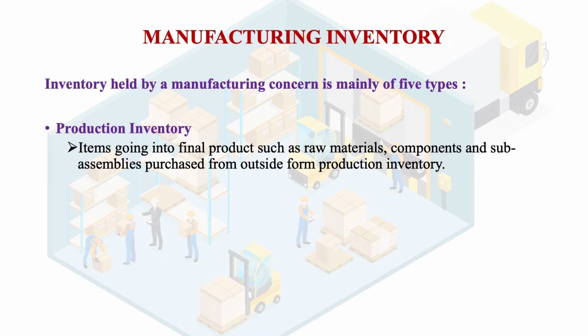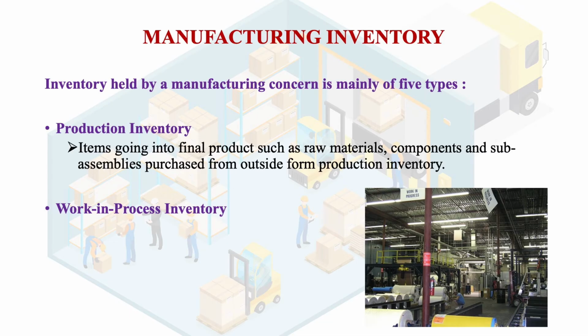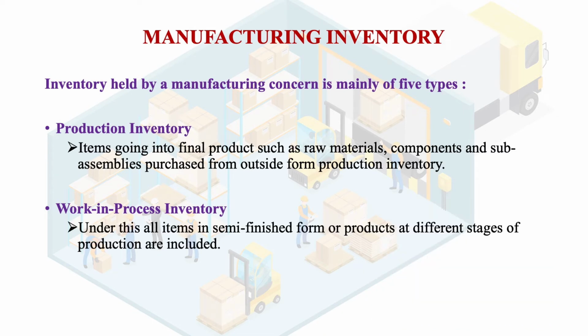Second type is work in process inventory. Under this, all items in semi-finished form or product at different stages of production are included, and they are termed as work in process inventory.